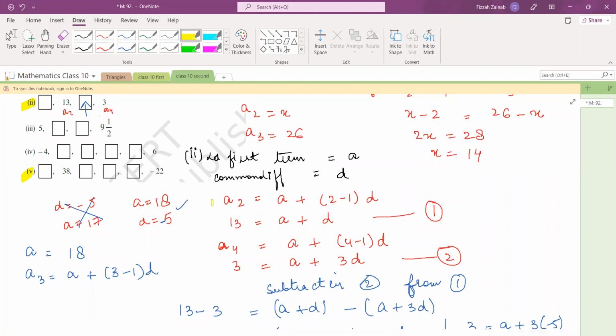Okay. Now third and fourth part, I think, yeah, they are looking the same. In this, your capital A is already given, right? And now here you cannot subtract to find d because the next two terms are not given, isn't it?